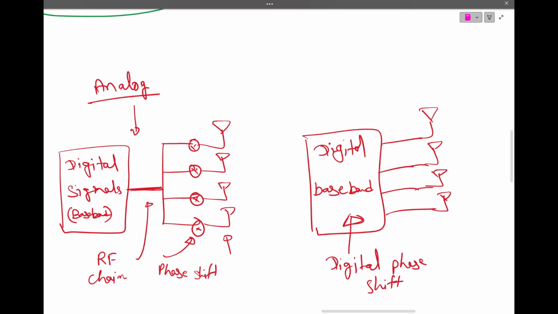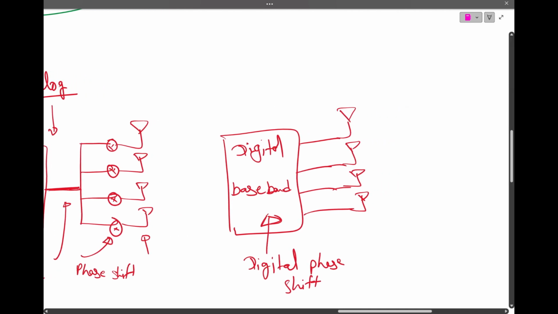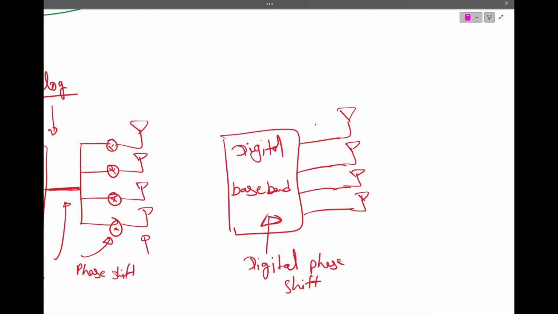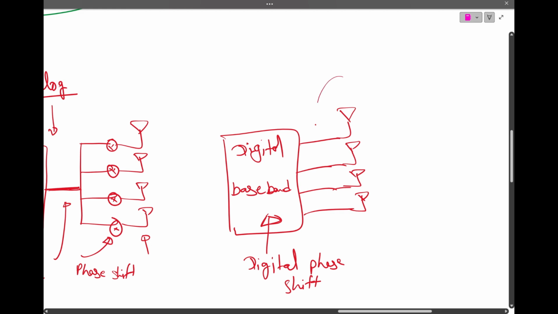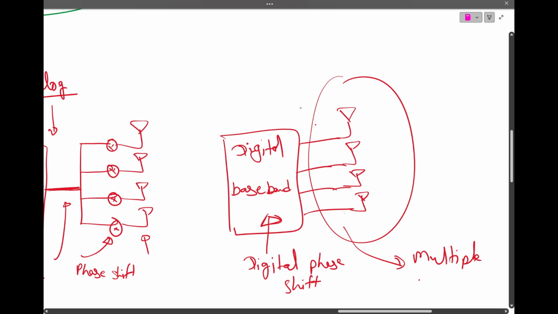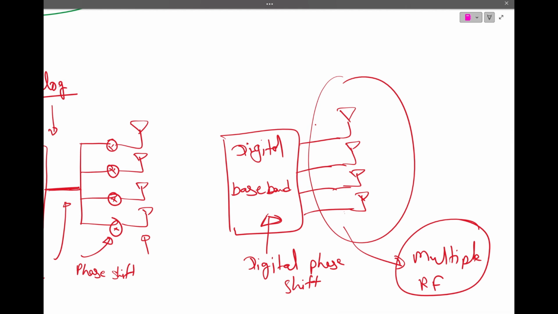This way we can independently control each antenna element. We can have the desired direction, we can have multiple streams. But the problem is this part is costly because we have multiple RF chains. This is a costly solution. Think about millimeter wave, where we have 256 antenna elements, 64 antenna elements, and having a dedicated RF chain for each of them is a very costly solution.